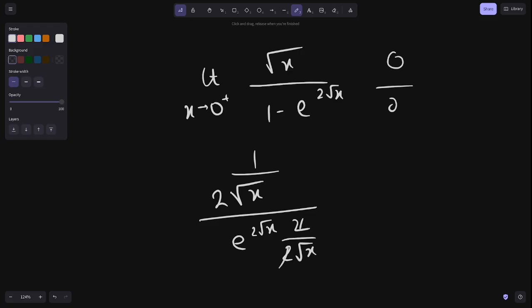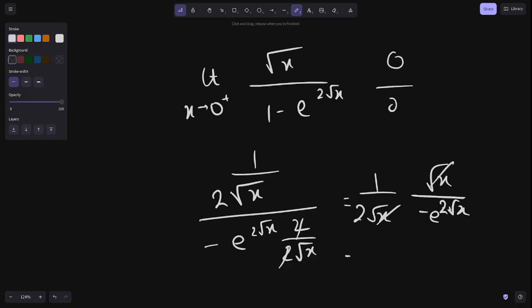Yeah, this 2 gets cancelled. So this will be, I guess, minus. Yeah, there will be one minus e to the power 2x by x. This gives you 1 by root over 2x by root x by e to the power minus 2 root x.